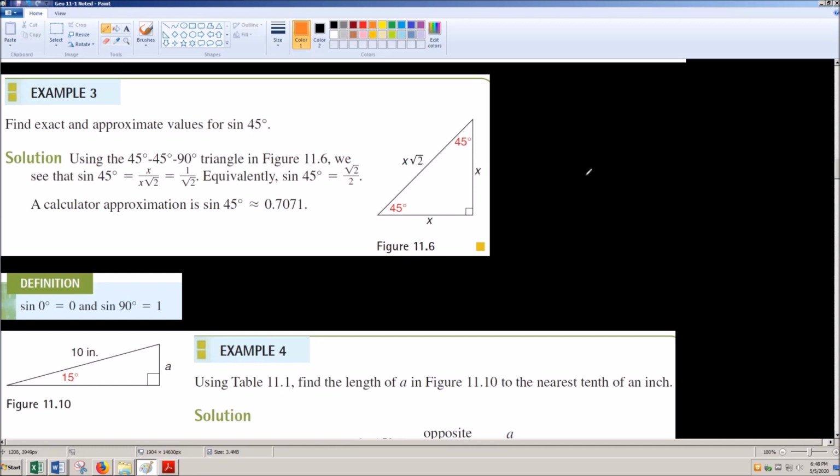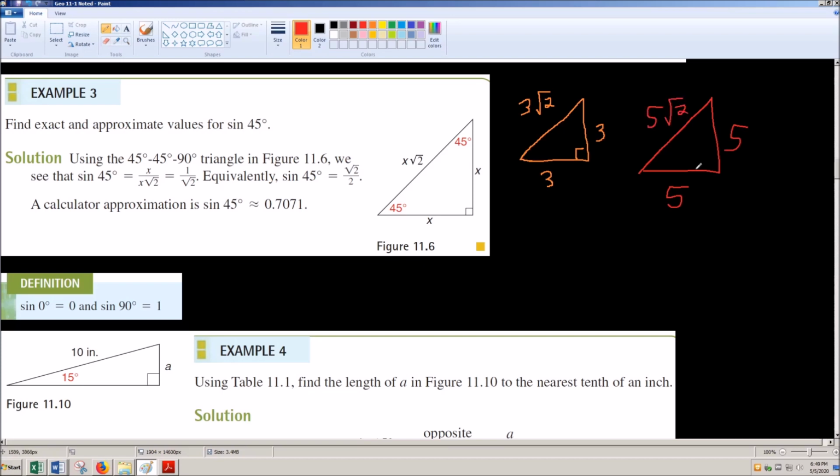So again, it doesn't matter if I had, say, this triangle, call this 3, 3, and 3 root 2, and I've got another version of this where it's 5, 5, 5 root 2, right?